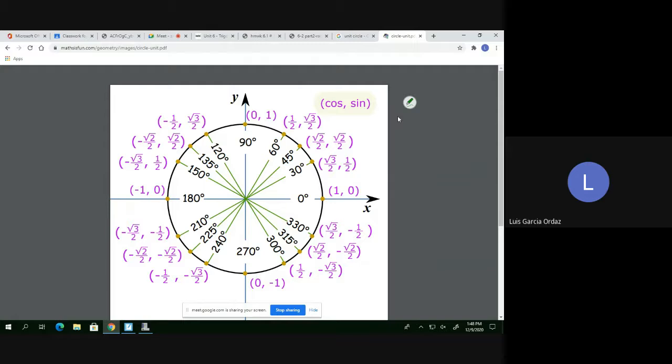So we would look at 60 degrees. It's 1 over 2 and root 3 over 2. So that means 120 degrees in quadrant 2 is just going to be negative 1 over 2 and root 3 over 2. And you're just doing the same thing with all of the other angles.